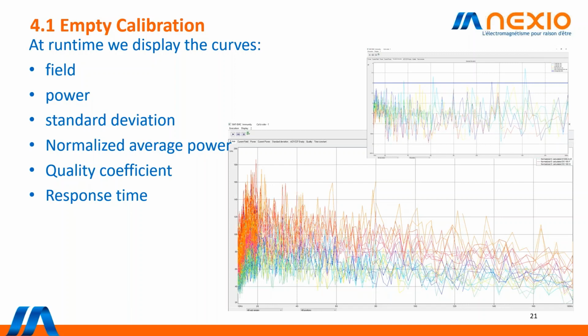Yes, it could be a good idea to save time, just to avoid repeating the empty calibration. The empty calibration normally is only made once, so this is probably why we have not developed it yet. If you are interested in our solution, it's something that we could do because we have all the measurements, so it's just a calculation.